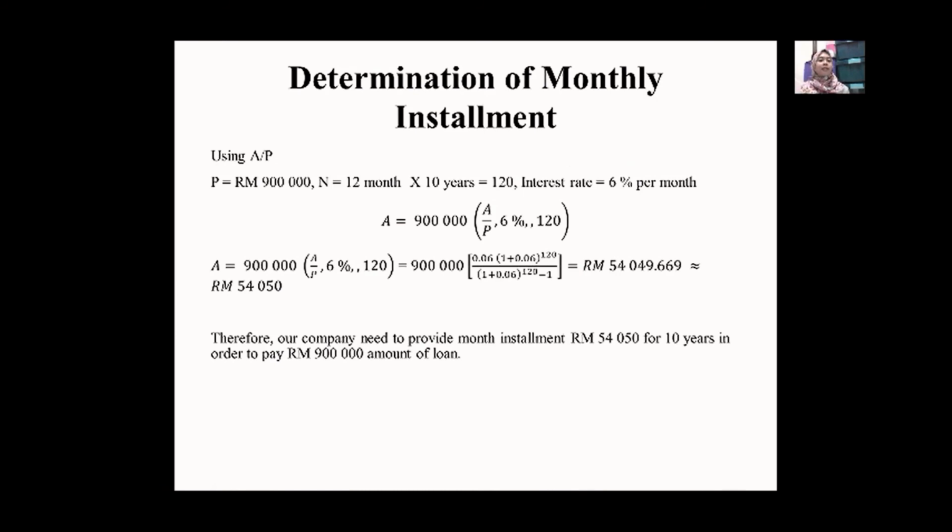So this is the determination of monthly installment by using A over P. This is how we try to find the P. So that's all from me.